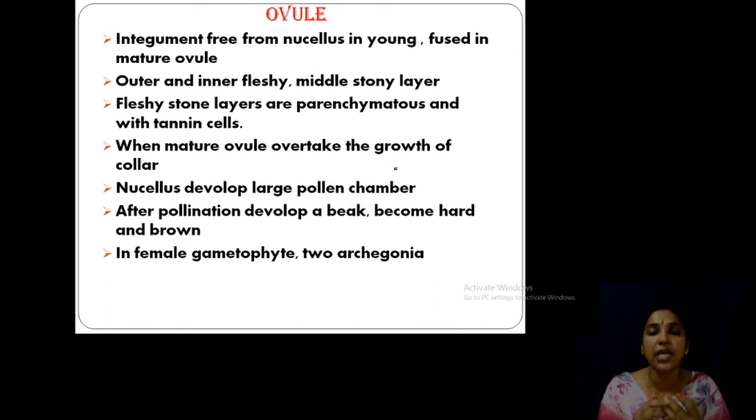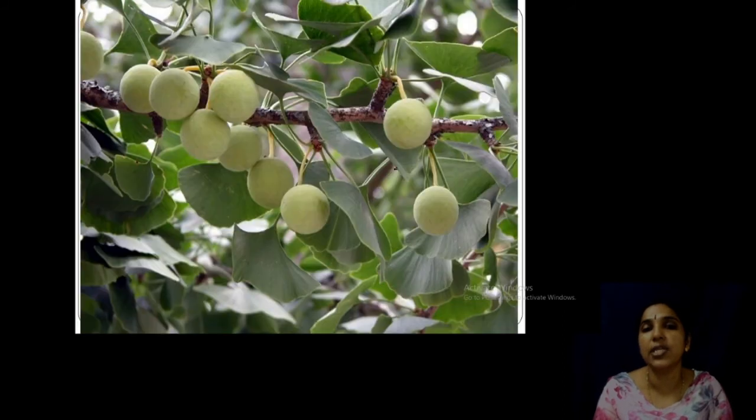The nucellus develops a pollen chamber and also a beak at the tip, which develops after pollination. Then two archegonia are present. So, nucellus present, integument present, and the integument has a fleshy layer and a stony layer, and also a large pollen chamber and two archegonia. That is the structure you will have to study.